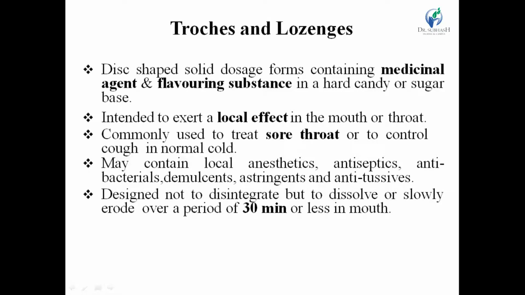Troches and lozenges may contain various agents like local anesthetics, antiseptics, antibacterials, demulcents, astringents, and antitussive agents. They are designed not to disintegrate but to dissolve or slowly erode over a period of 30 minutes or less in the mouth.